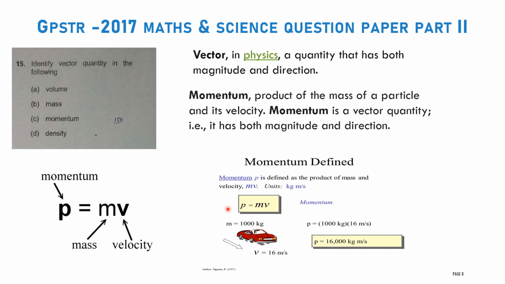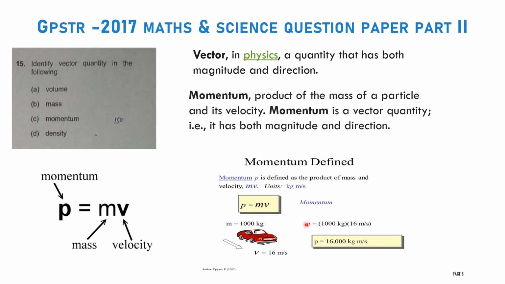Consider an example: a car whose mass is 1000 kg moving with a velocity of 16 meters per second. When the car is moving from one place to another, say from Mysore to Bangalore, it shows the direction in which it is moving.